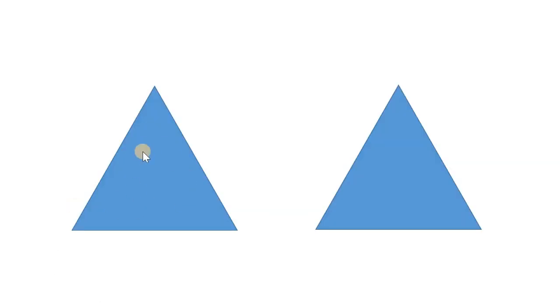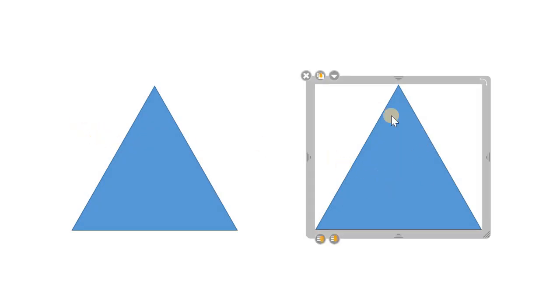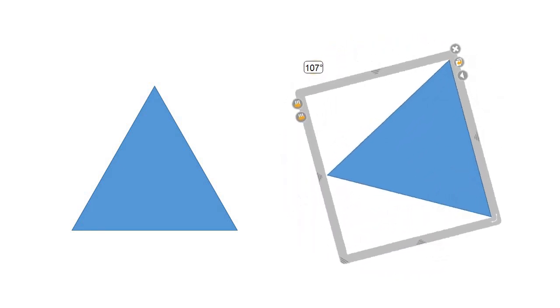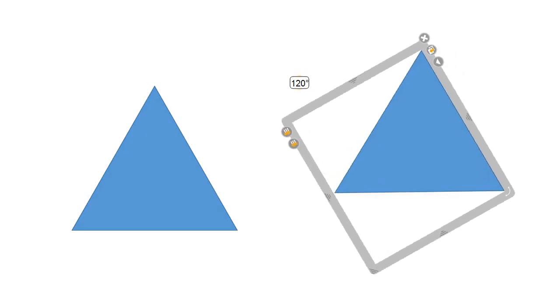Okay, what you are seeing here are two identical equilateral triangles. Now I am going to rotate this second equilateral triangle, and you also observe the angle of rotation. So 0 degree. Now let me start rotating. Okay, and see, at 120 degree the two triangles are exactly the same. The pattern is the same.